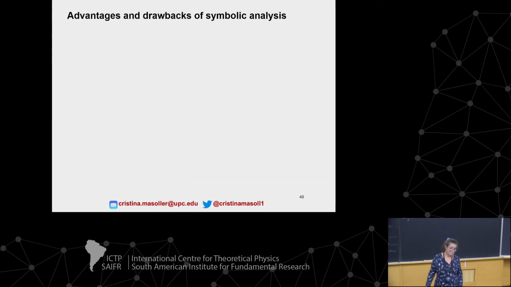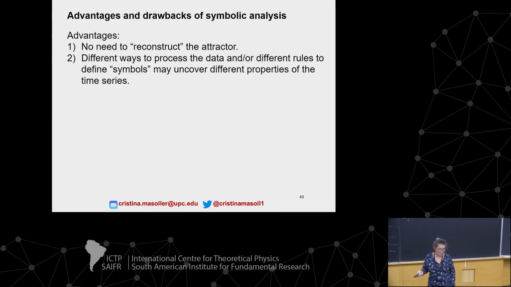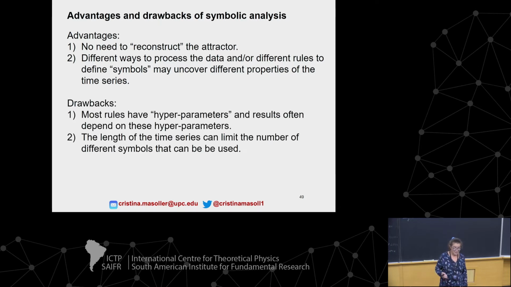But there are advantages to this because you don't need to reconstruct any attractor. And there are different ways to define a rule, so that might give you different information. But the drawback is that you also have what are known as hyperparameters, the parameters that you need to set in your method, which means in this case, for instance, the threshold or how many letters you consider in your words.